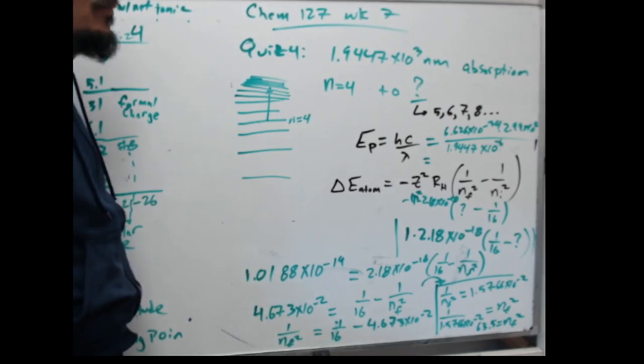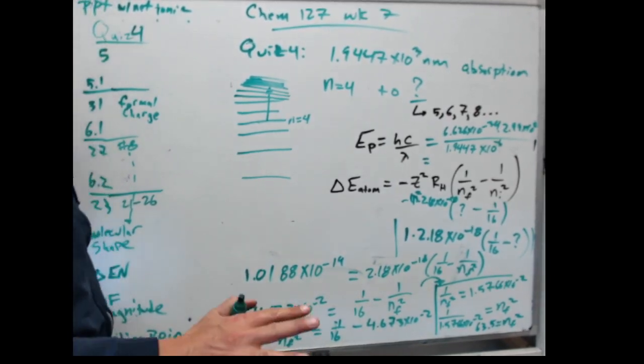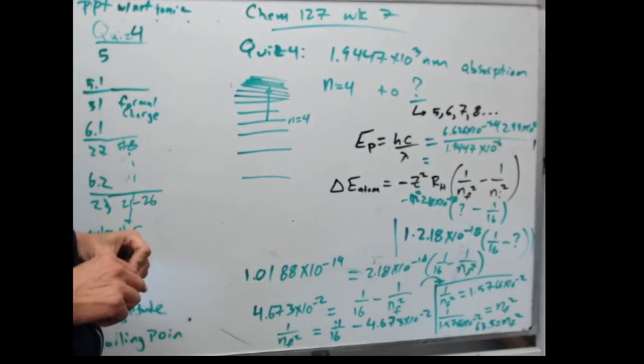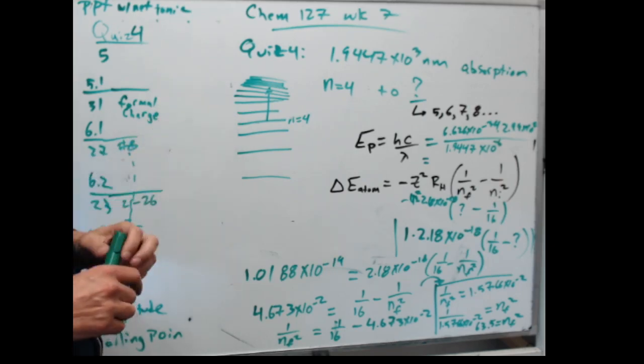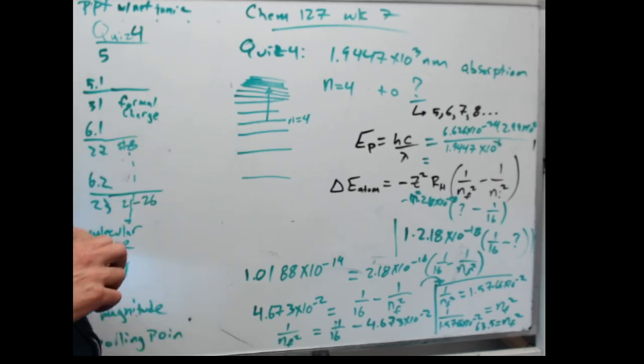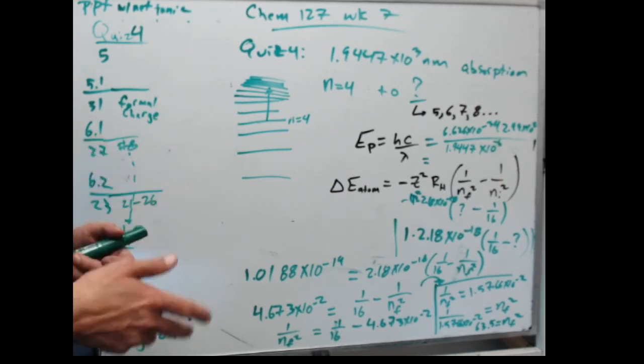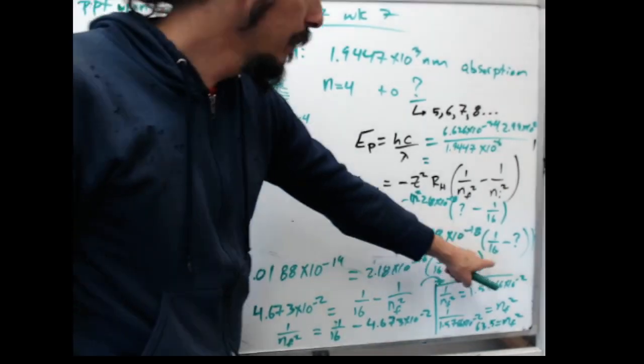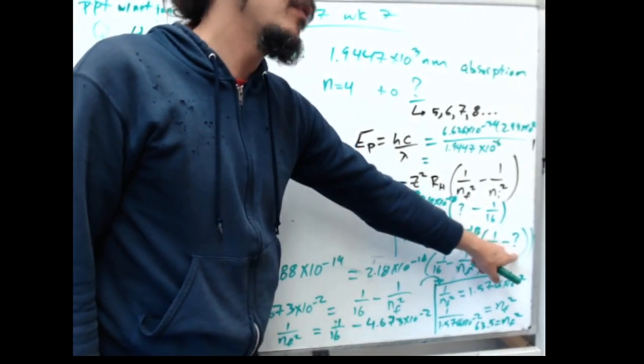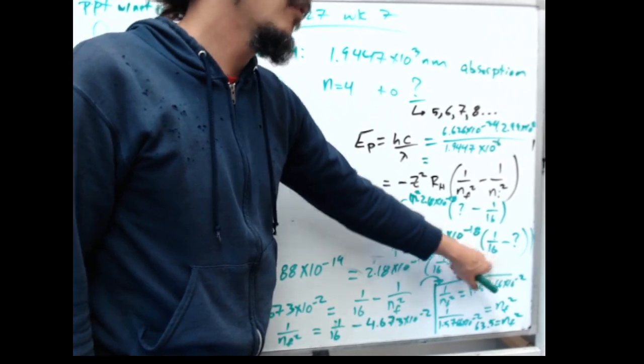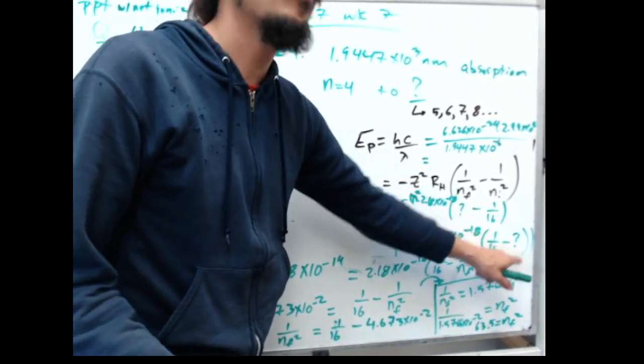So I'd really like to steer clear of those really high values. Even between 8 and 9, I bet it gets close to rounding error differences, because if you had 1/16 minus 1/64 versus 1/16 minus 1/81, they're probably pretty close to each other.